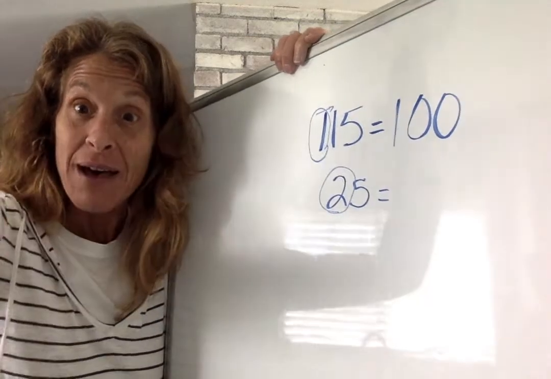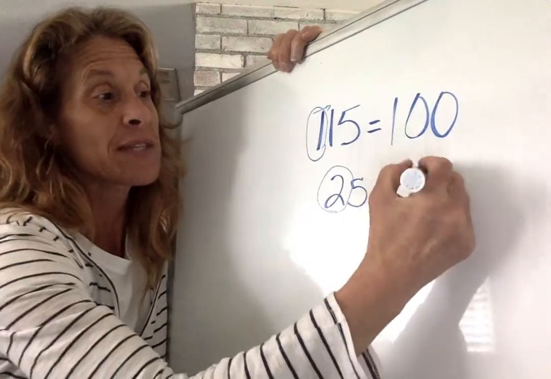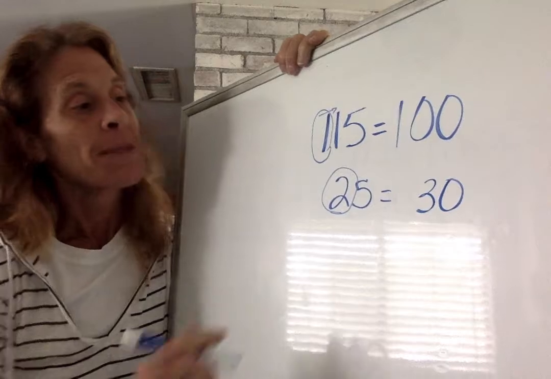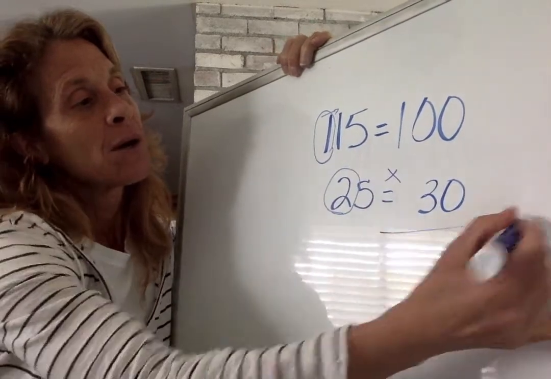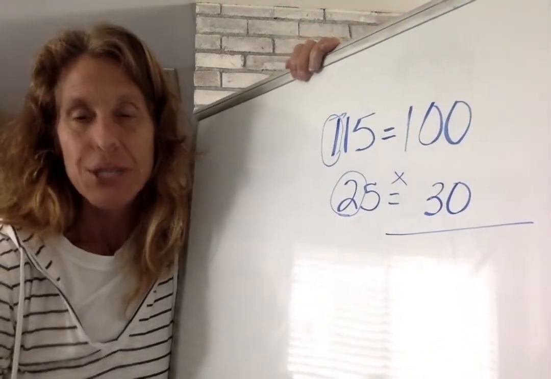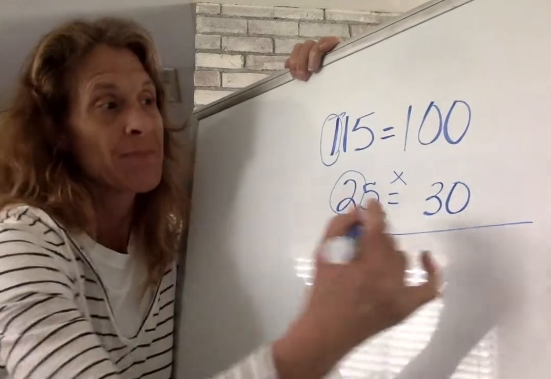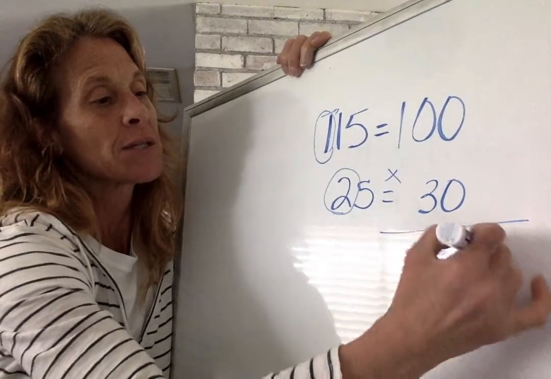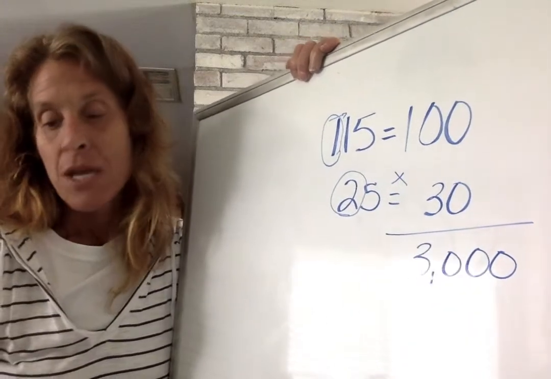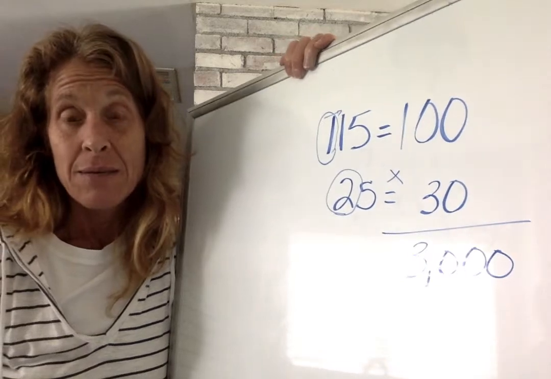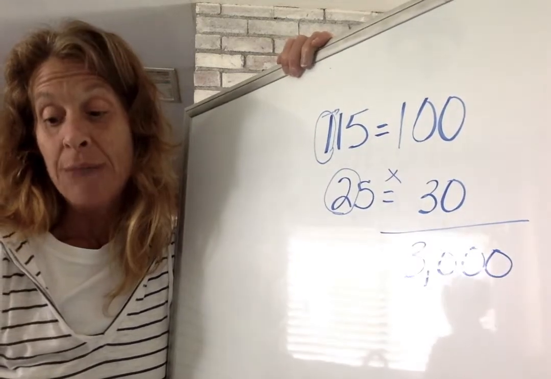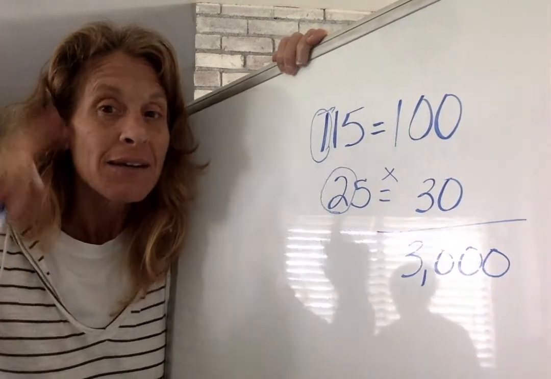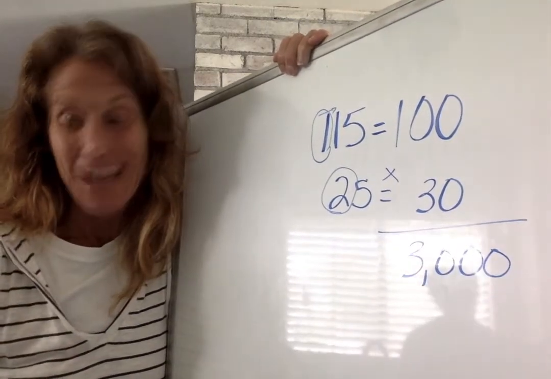Remember, 5 and above, we round up. So this can be round up to 30. So we have our problem. 100 times 30, or 1 times 3 is 3, and we have 1, 2, 3 zeros. So the equation that we write is 100 times 30 equals 3,000 verses. You knew that. Good job.